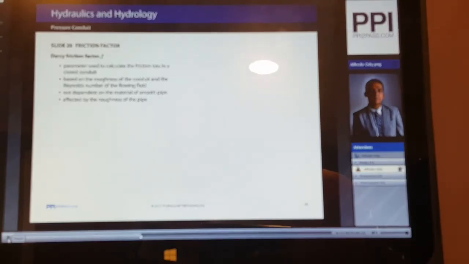Now let's look at friction factors. And let's start with the Darcy friction factor, which is known as F. This is a parameter used to calculate the friction loss in a closed conduit. And the Darcy friction factor is based on the roughness of the conduit and the Reynolds number of the flowing fluid.